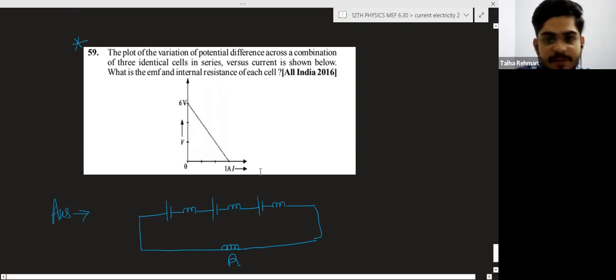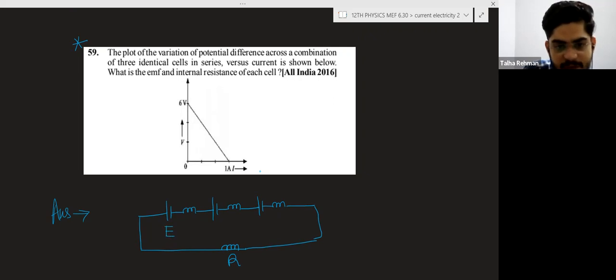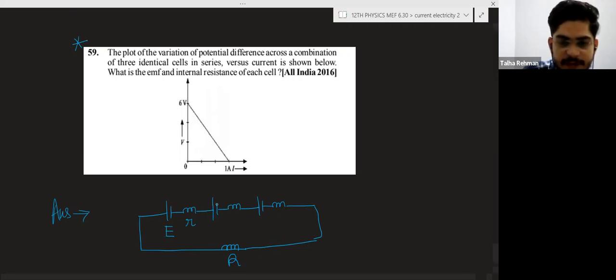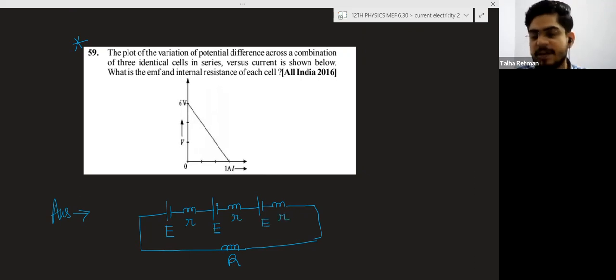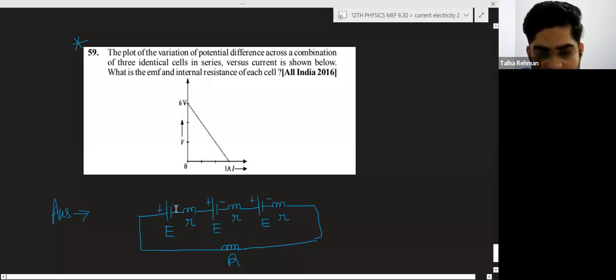So each has EMF E. If I am supposing identical cells, each cell has EMF E and internal resistance R. This cell also has the EMF E and internal resistance R, because these are identical, and they are connected again in series. We have already discussed this, because here the negative terminal of one cell is connected to the positive terminal of another cell.